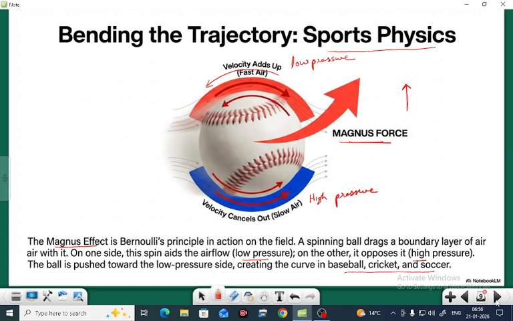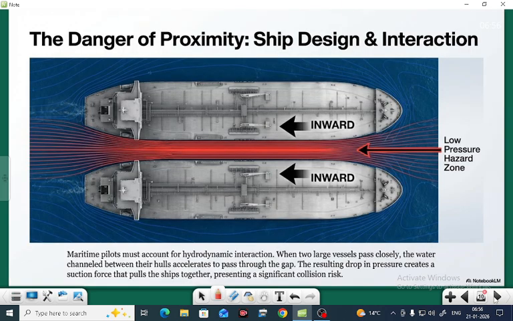Besides that, we can find other things also, that is the danger of proximity, ship design and interaction. Maritime pilots, here you see when the two ships go here, the velocity of the water between the two ships is high, so it creates a low pressure hazard zone. What happens?